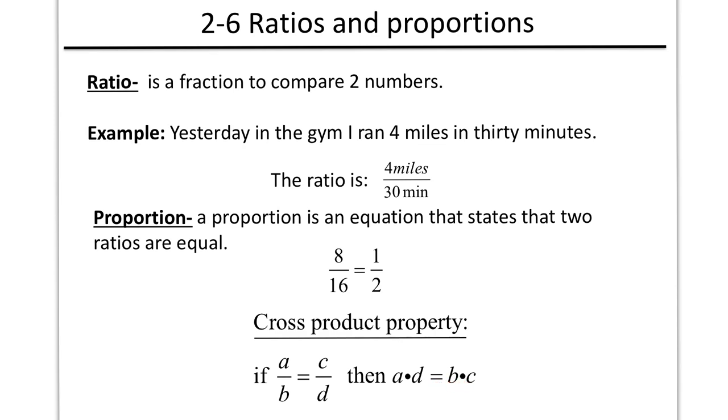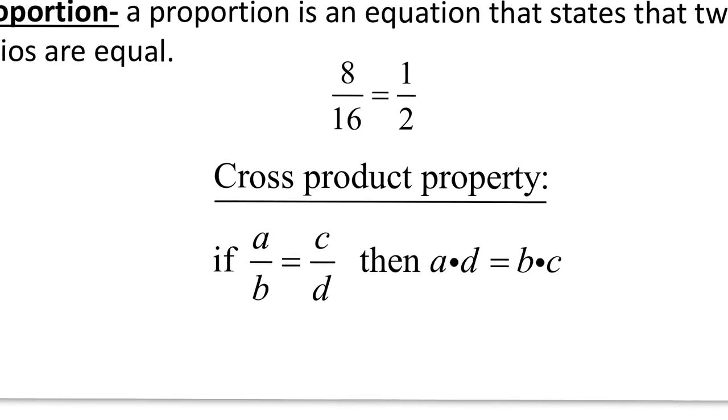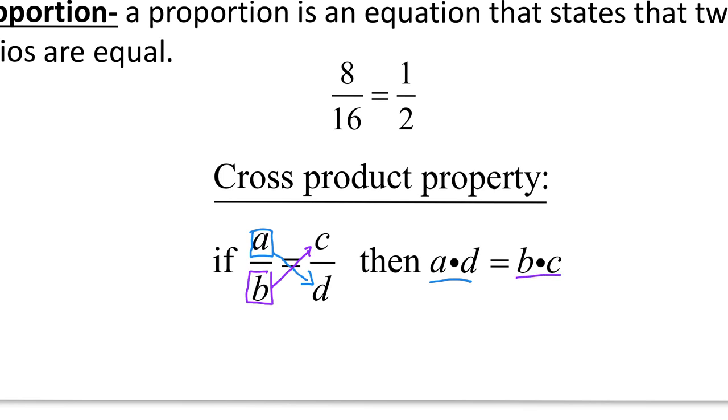Now let me zoom in on this one so I can explain a little bit more. What I'm saying here is that if I take the numerator of the first fraction and I cross multiply, that's where the cross product name comes in, by D, so A times D, that's going to be the same as if I take the denominator of the first fraction and cross multiply by the numerator of the second fraction, B times C. So those products, those multiplications, will be equal.